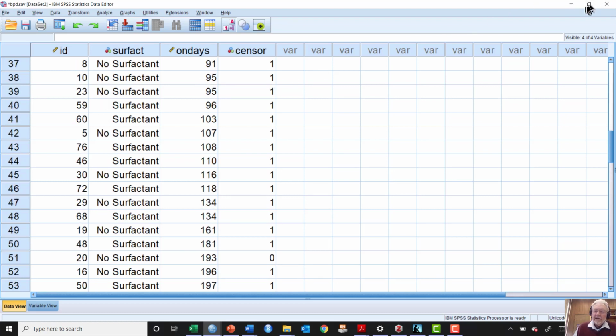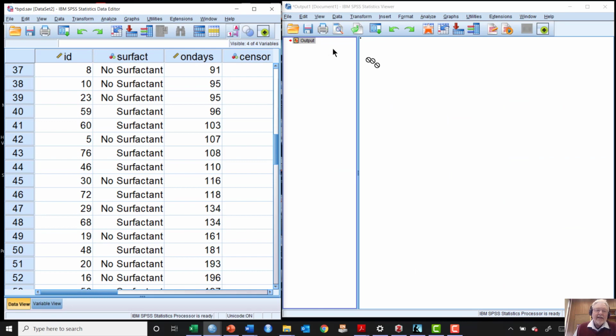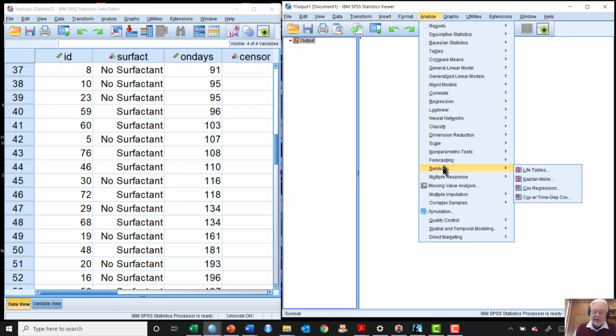All right. So in SPSS, the way we do this is we go to Analyze, and then there is a set of survival programs. There are life tables. There is the Kaplan Meier curves, or Kaplan Meier table, which we're going to talk about today. Cox regression, which we'll talk about in the next video, and Cox with time-dependent covariates.